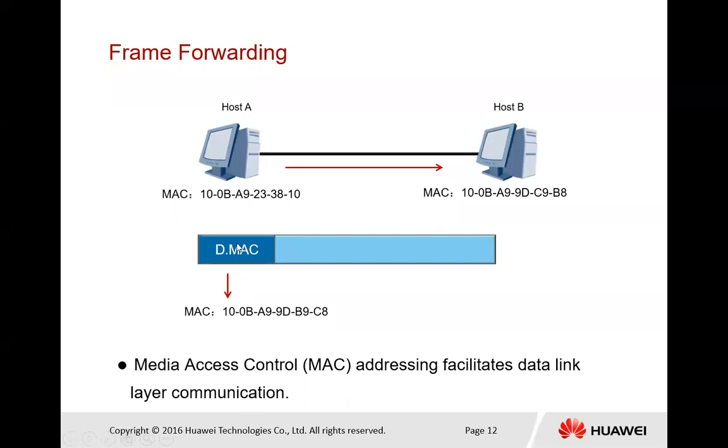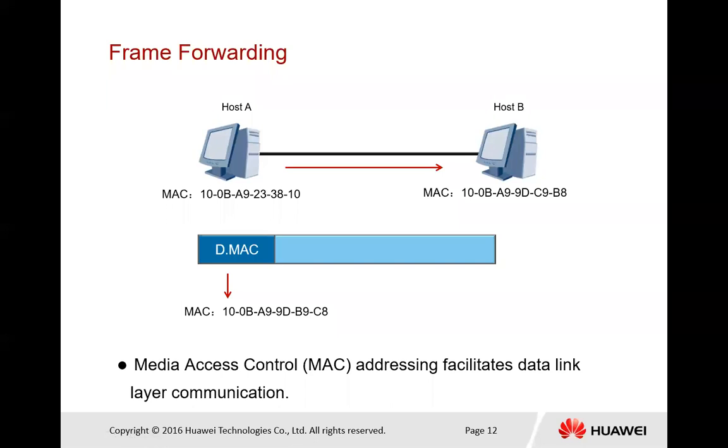Again, they first send to the destination MAC address. If they already know each other, then they will directly send to the destination MAC address. If they don't know the MAC address of the destination, then the destination MAC address is all F. All F means our packet will be broadcast.